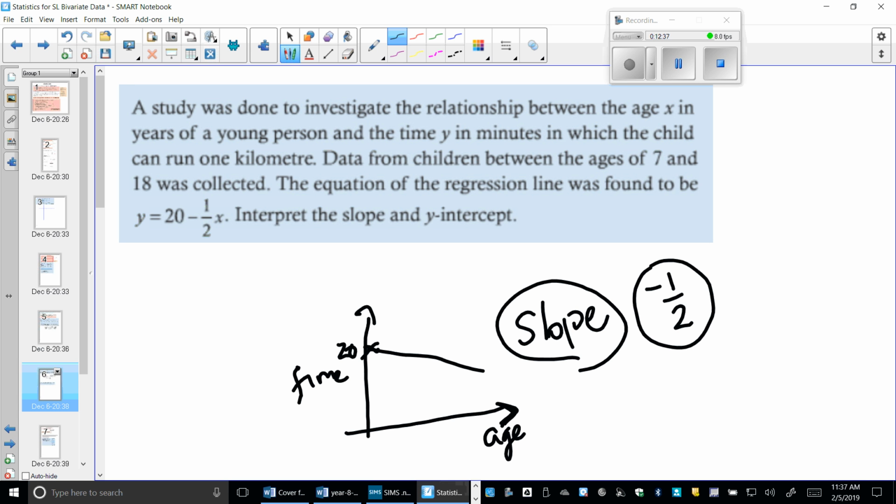In other words, for each year that a child gets older, what happens to the time taken? It's decreasing. Yes, does that make sense? So sometimes sketching it will help as well. What do we interpret by the y-intercept?